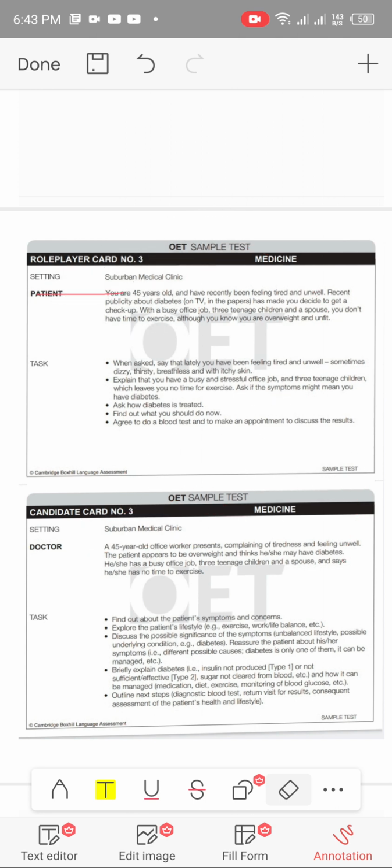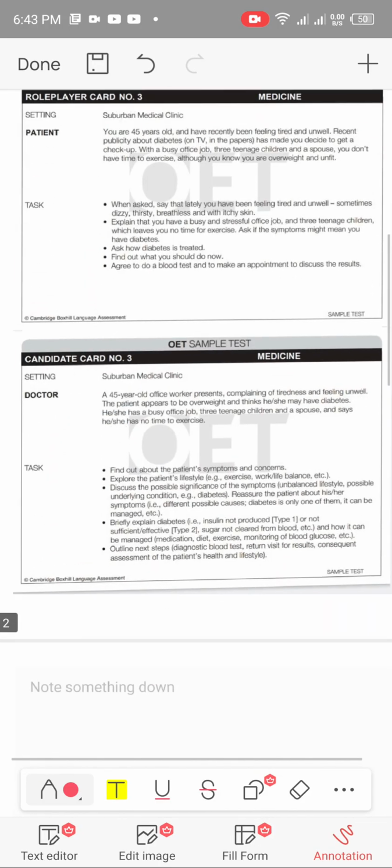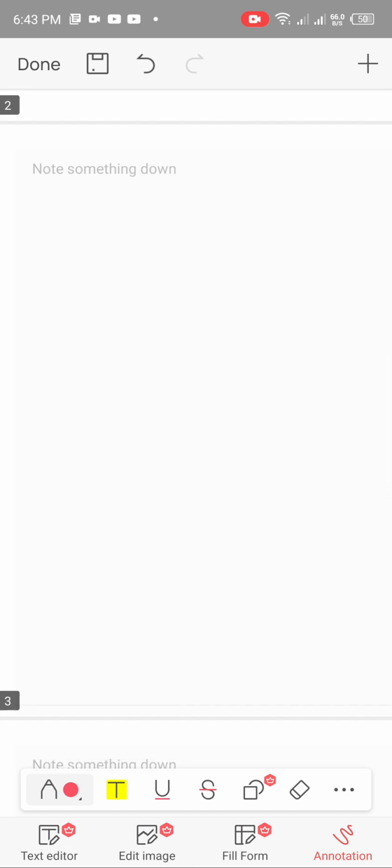Now, there are three types of cue cards as far as the medicine people are concerned. Let me tell you. The first type of cue card is where the patient is coming to you for the first visit.